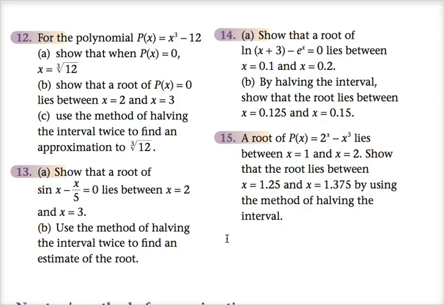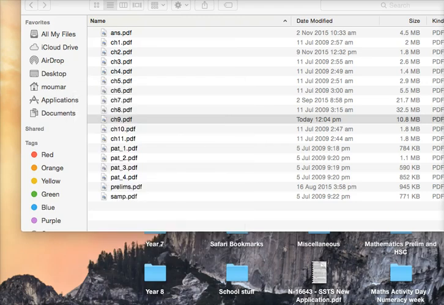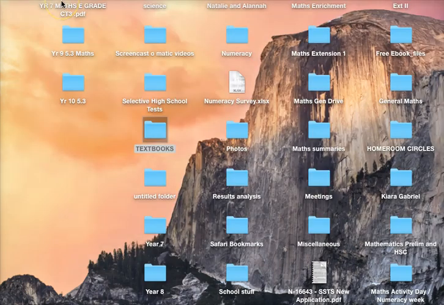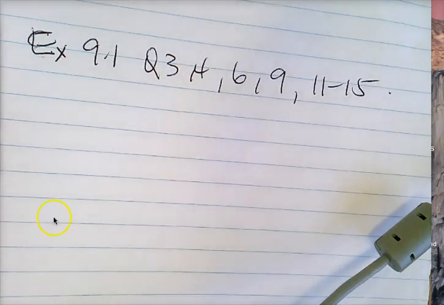Because girls, do you know how to put an LN into your calculator or not? 11 to 15. 3, 4, 6, 9, 11 to 15. 3, 4, 6, 9, and questions 11 through to 15. Now, I'll just put that up. Homework, exercise 9.1, question 3, 4, 6, 9, 11 to 15.